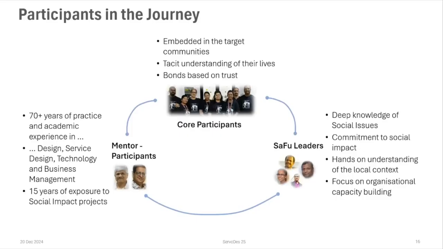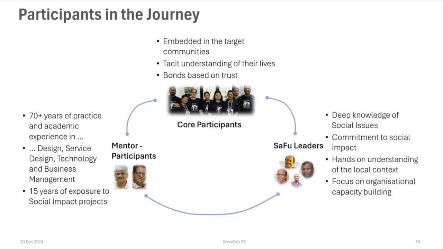Along with that, of course, there were people from Safut's side who are deeply involved. The picture which you see here, 4 participants, is not the only people, so there are many more people involved. And the big advantage from their side was that all of them were embedded in the target communities.